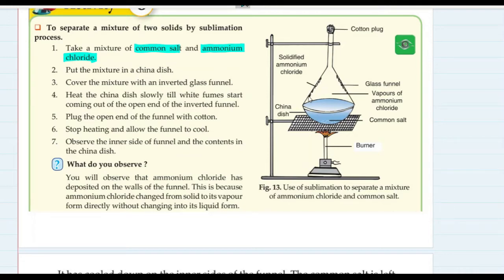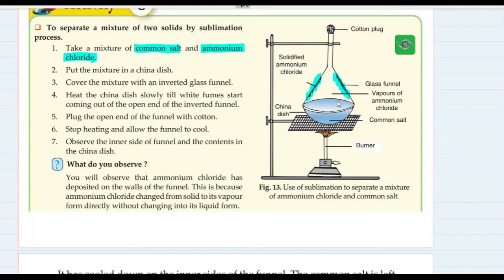So the walls of the container, as you can see over here, the ammonium chloride in the solid form gets deposited on these walls. The vapors of ammonium chloride get condensed on these cold walls of the inverted funnel and they get deposited over there. What about salt? Since salt is non-sublimable, it does not get evaporated.